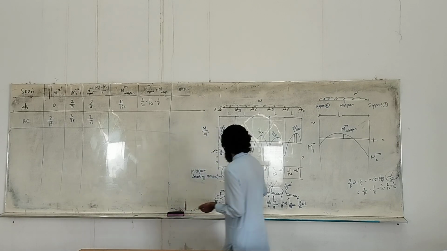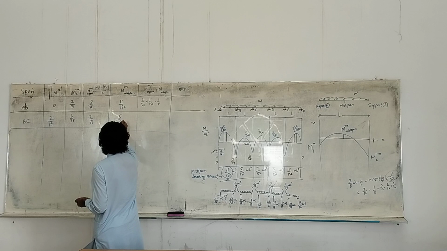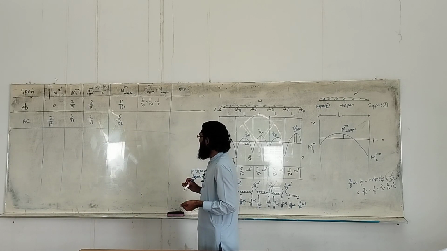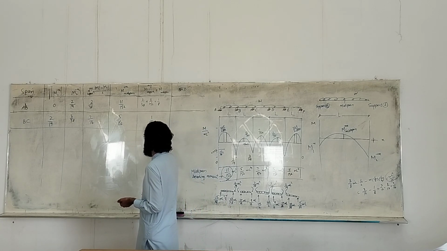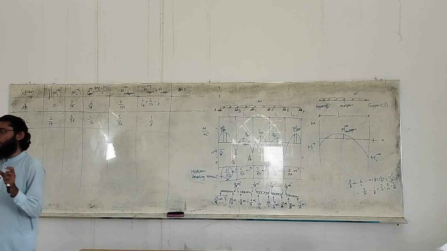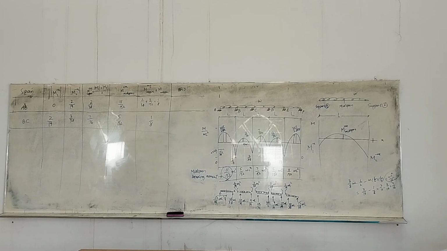What about the positive bending moment? 5 by 152. Okay, what's the sum? 1 by 8. Okay, again we have found that the average of the absolute values of negative bending moments at the ends and the mid-span positive bending moment, the sum is always equal to WL square by 8.